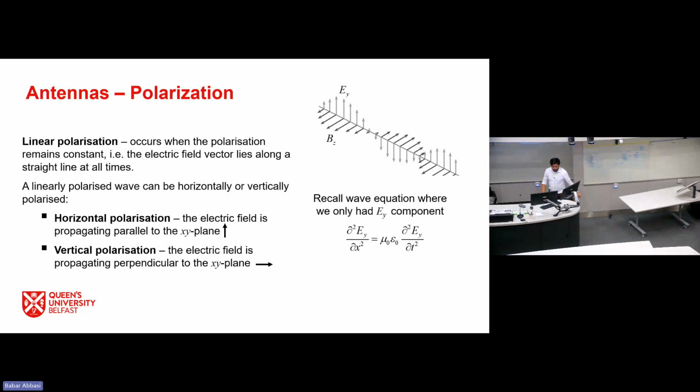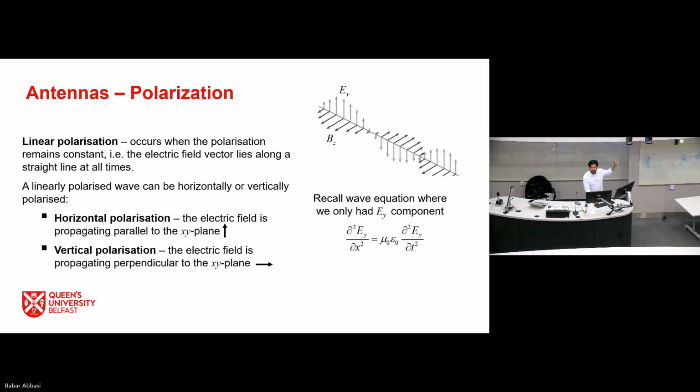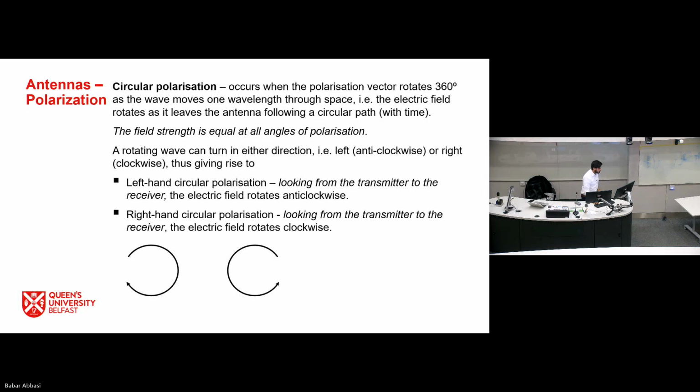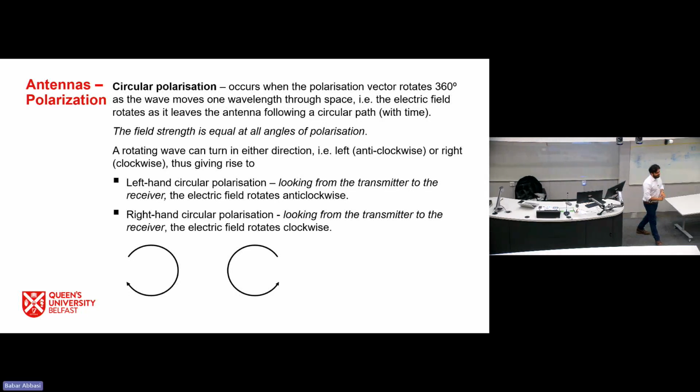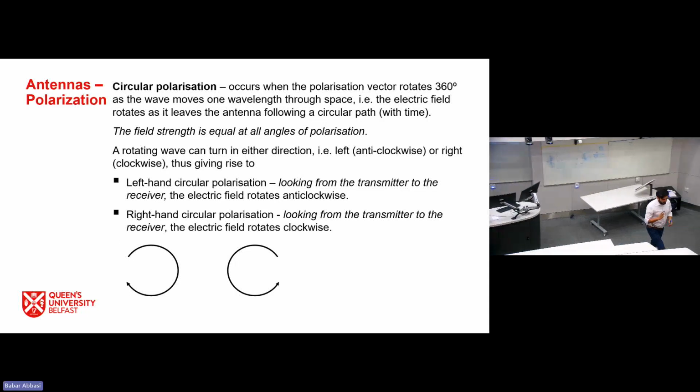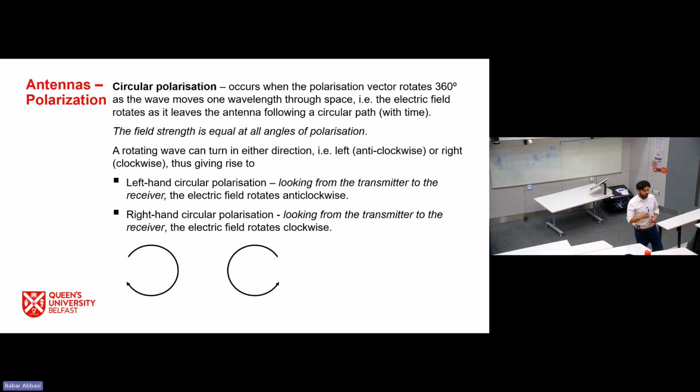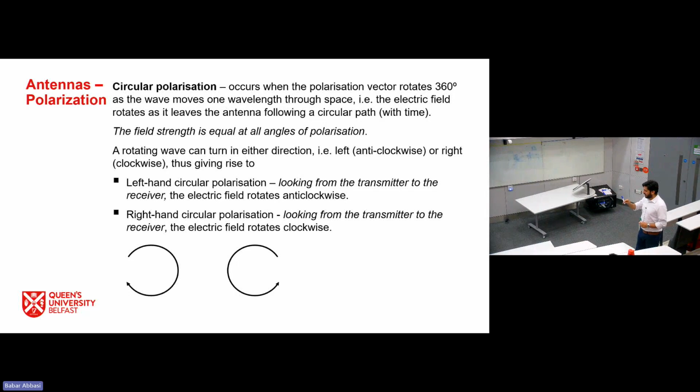Okay. So vertical polarization, horizontal polarization, is it clear enough? Yeah. Okay. So circular polarization is when the electric field vector is propagating through free space, but it is changing its orientation. If an electric field vector is propagating along EY, but is not staying along EY, and is changing and going to EX as well, then EY and EX and EY, it is considered a circularly polarized electromagnetic wave.